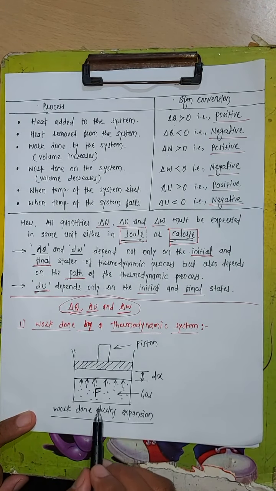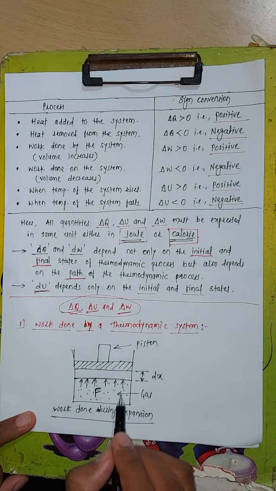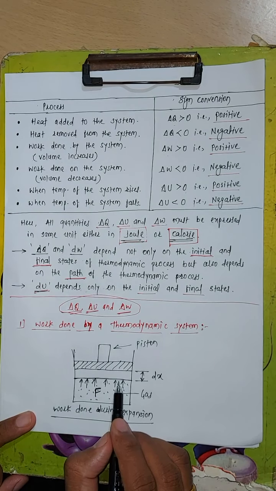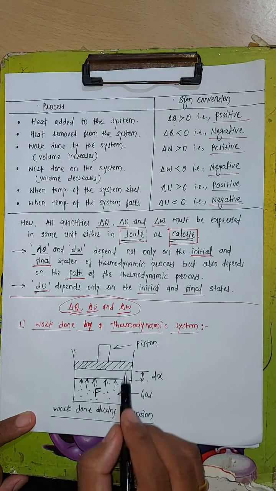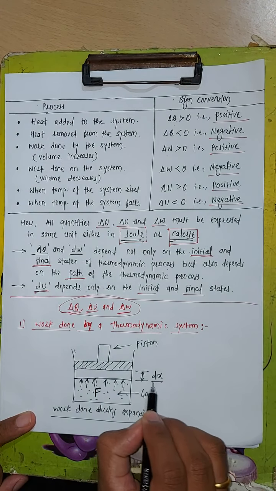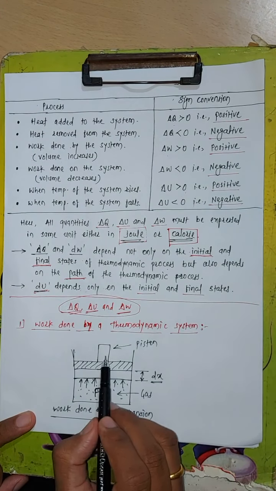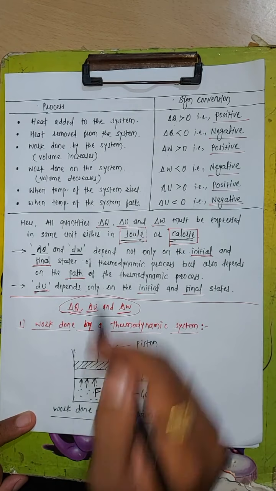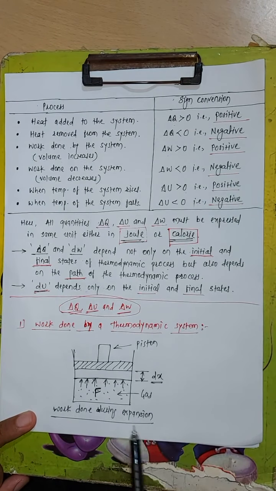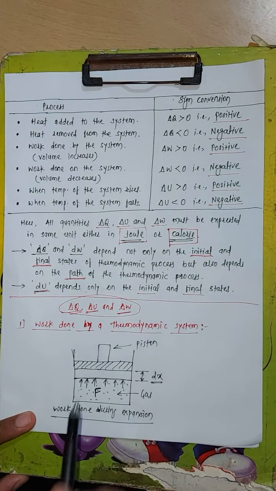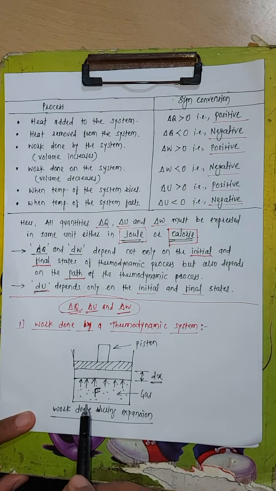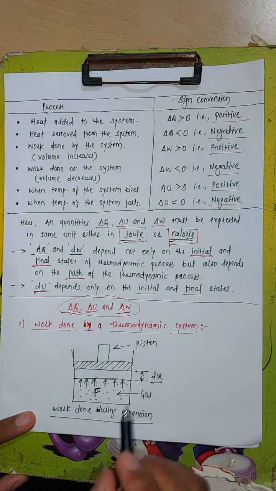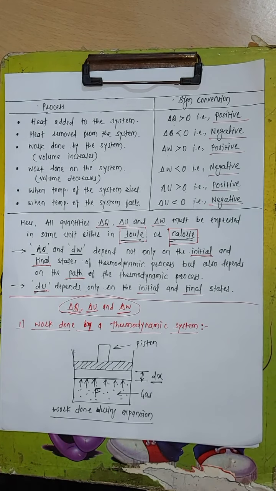So if we say that the force, some amount of force will be exerting on this wall, the piston, or we can say that the system move with some distance dx, and this particular piston will be moving in the outward direction. So we can say that the work is done on that particular system. Okay, so we can say that P is the pressure.